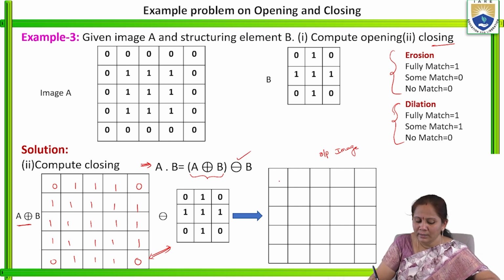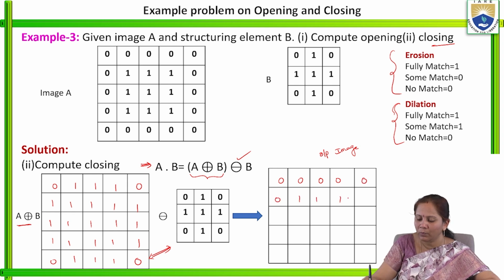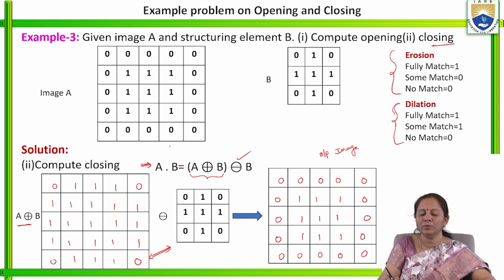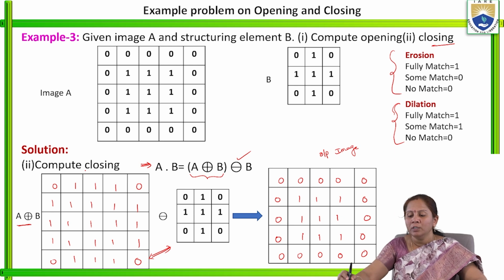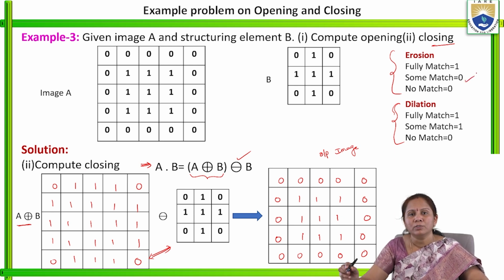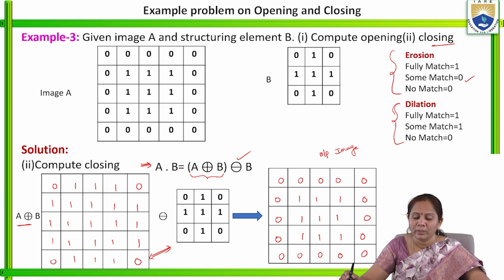Now according to that, we will get here all the elements as zeros, and here 0, 1, 1, 1, 0, 0, 1, 1, 1, 0, 0, 1, 1, 1, 0. So all the elements at the last will become 0. Why? Because if we place the structuring element, vacant spaces will be there. So according to the erosion, some match also is considered as 0. So this is how we have to apply dilation, erosion, opening and closing.